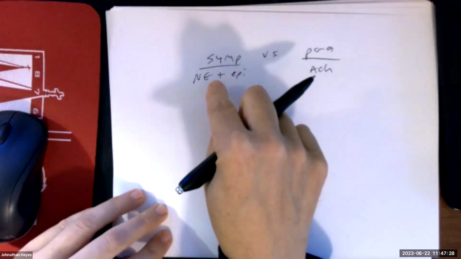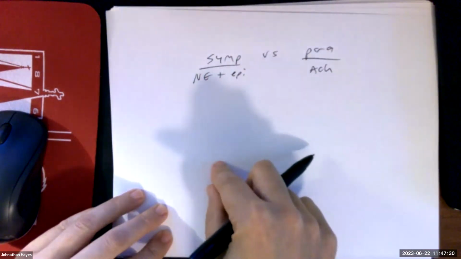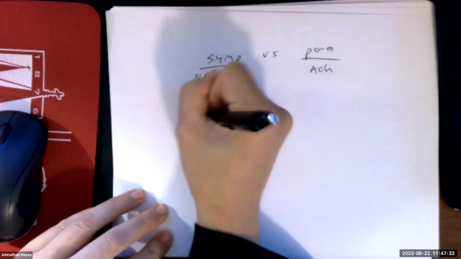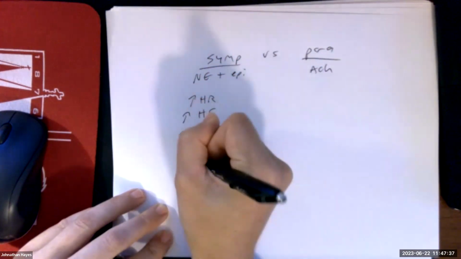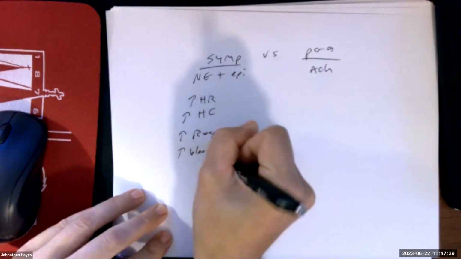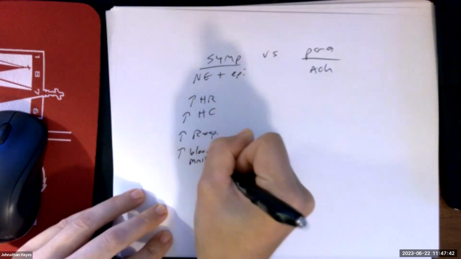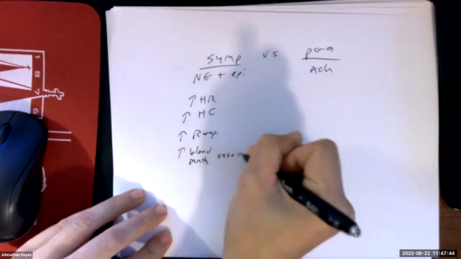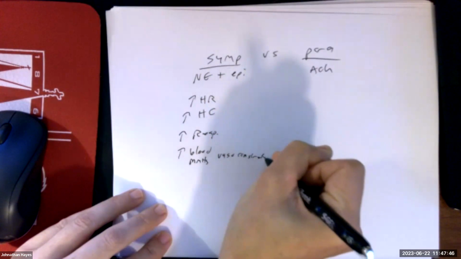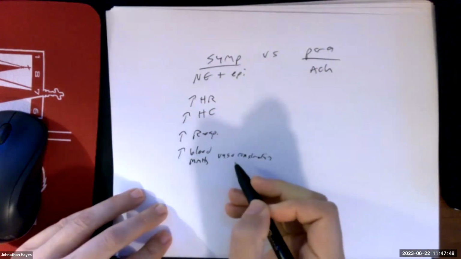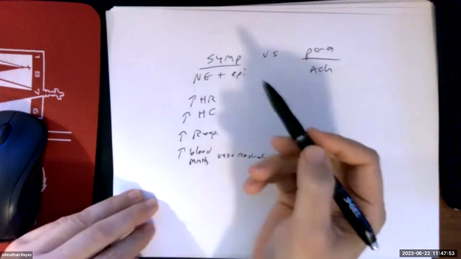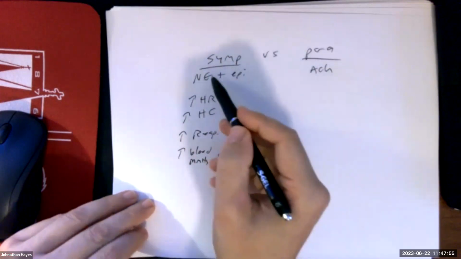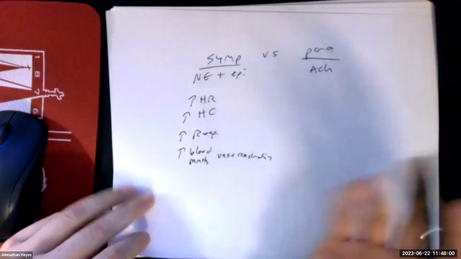And when we're dealing with changes we see in the body with sympathetic innervation, think increased heart rate, increased heart contractility, increased respiration rates, increased blood pressure, or we might have said vasoconstriction, right? We've already mentioned that before. So if I block sympathetic innervation with something called beta blockers, because sympathetics, in order to apply its effects to a target tissue, has to be picked up by a receptor.